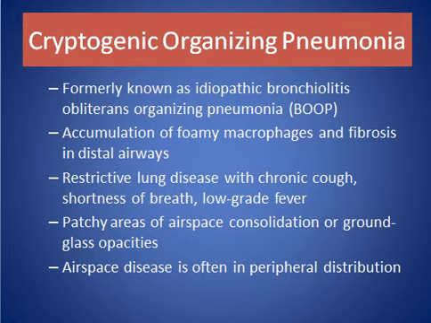Cryptogenic organizing pneumonia, before it was known as idiopathic bronchiolitis obliterans organizing pneumonia, and the term is abandoned now. There is accumulation of foamy macrophages and fibrosis in distal airways. Restrictive lung disease with chronic cough, shortness of breath, low-grade fever.